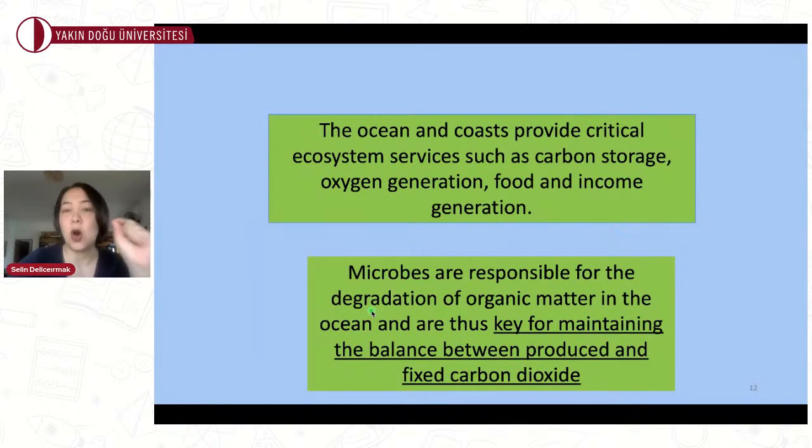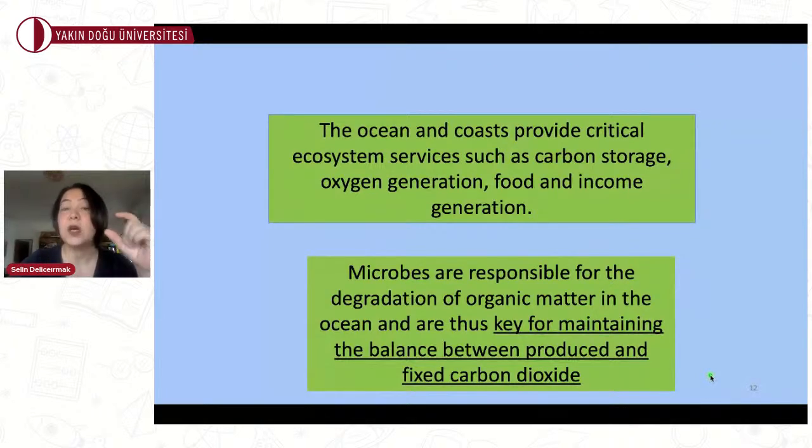The ocean and coast provide critical ecosystem services such as carbon storage, oxygen generation, food, and income generation. And marine microbes are responsible for the degradation of organic matter and key for maintaining the balance between produced and fixed carbon dioxide.